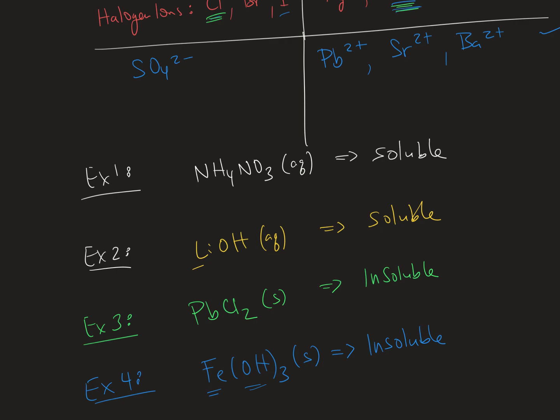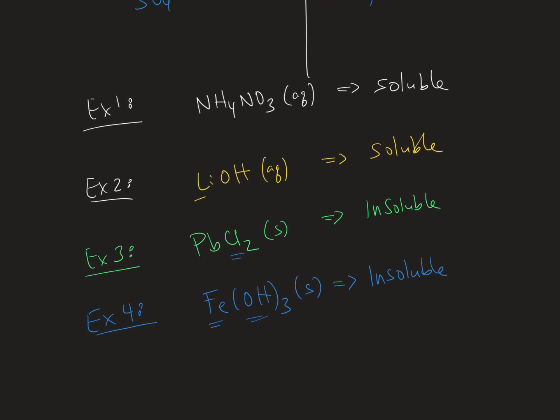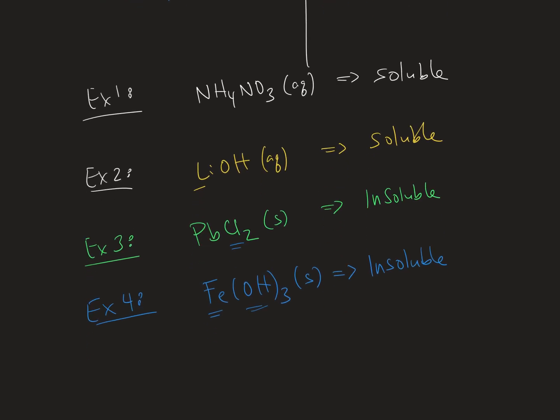I don't know if this is why, but they're reactive, so they are soluble. The halogens are reactive, they're soluble. There are a couple of exceptions, because the halogens are the most reactive nonmetals. Alkali metals are the most reactive metals. That's kind of how I remember it, but is it pretty straight with no cracks? No, it's not.